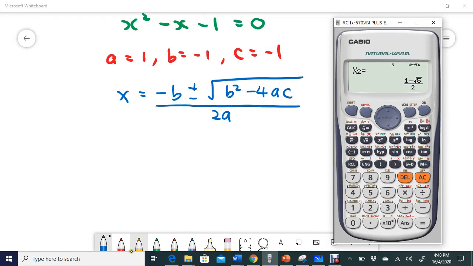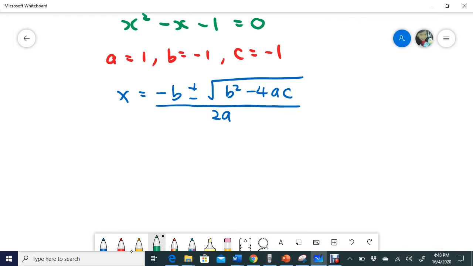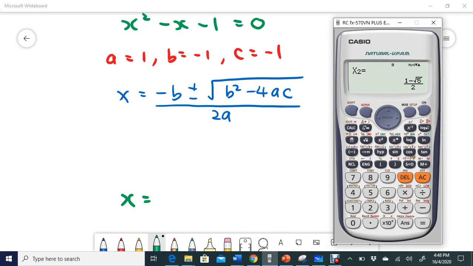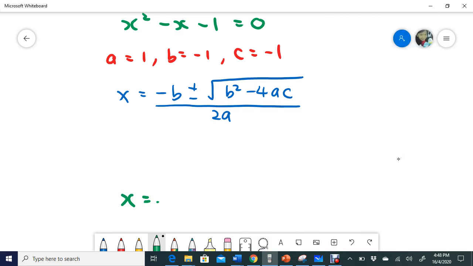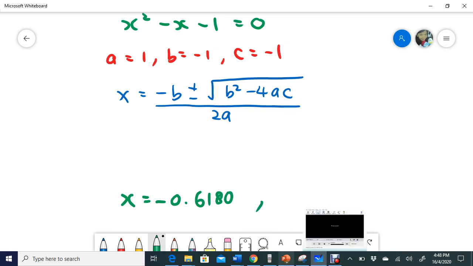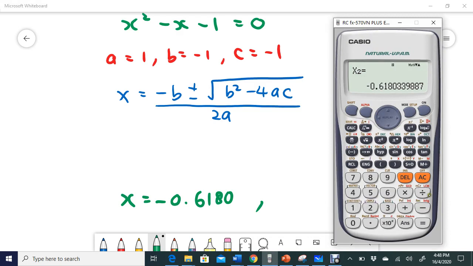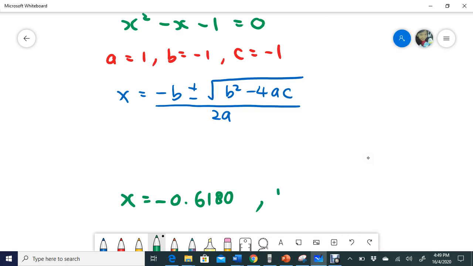So straight to the bottom, your answer is what? x equal to, you just change it to your answers, negative 0.6180 and 1.6180. Just write that.